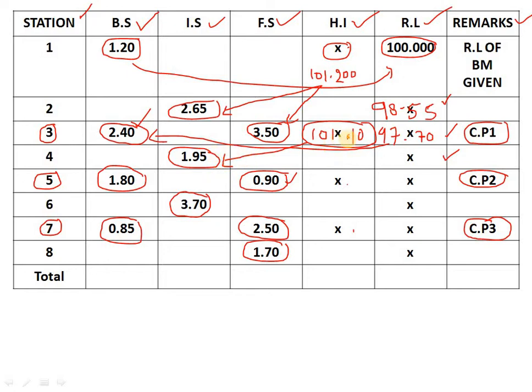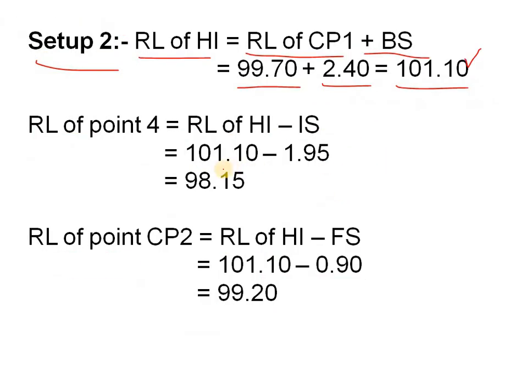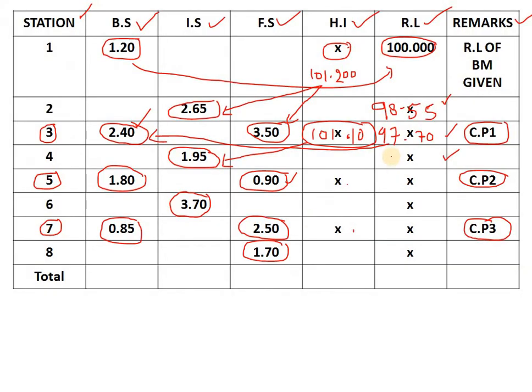So RL of station 4 is equal to RL of HI 3 minus IS, equal to 101.10 minus 1.95. Then we will get 98.15. So write it here, 98.15.